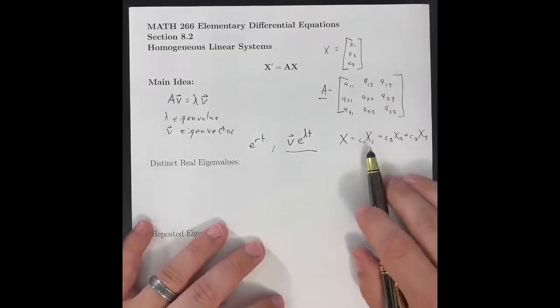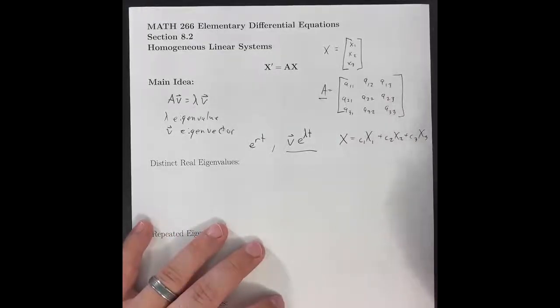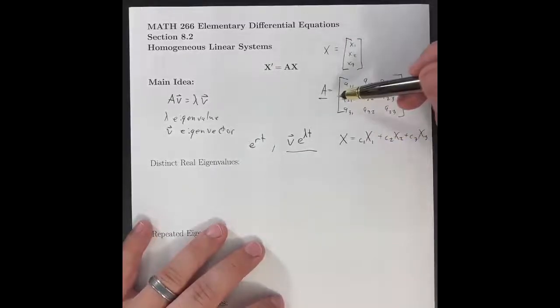Each of these solutions forms a fundamental set of solutions, so they should be linearly independent. Each of these corresponds to an eigenvalue of the matrix A. Since it's a 3x3, we need three different solutions, and the matrix has three eigenvalues, which will help us determine what each of these solutions are.